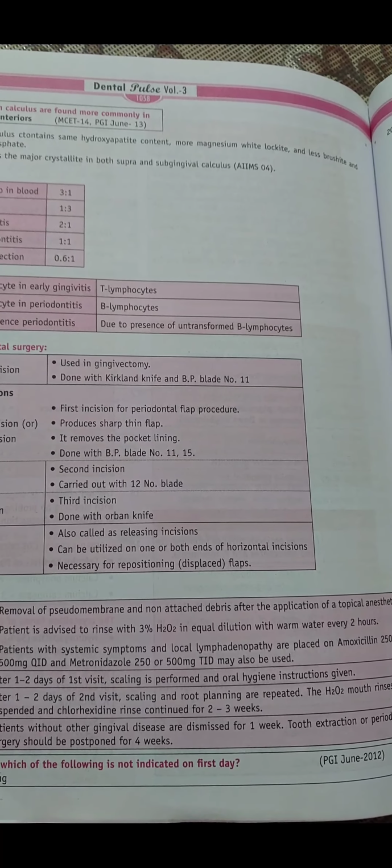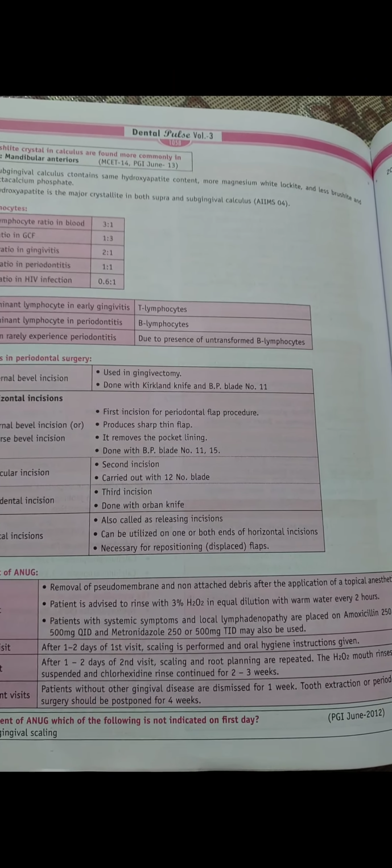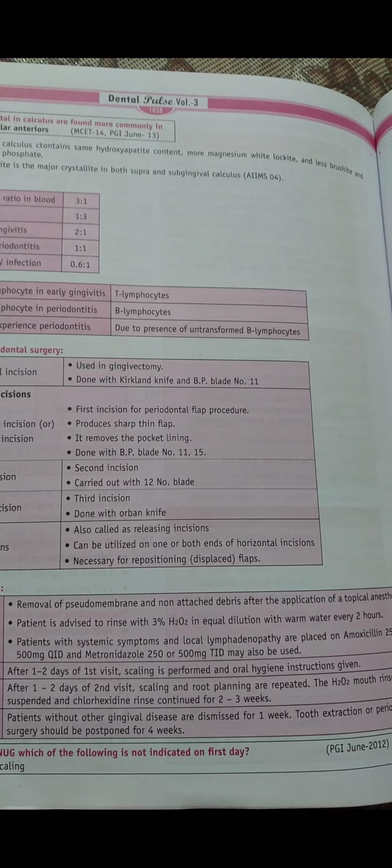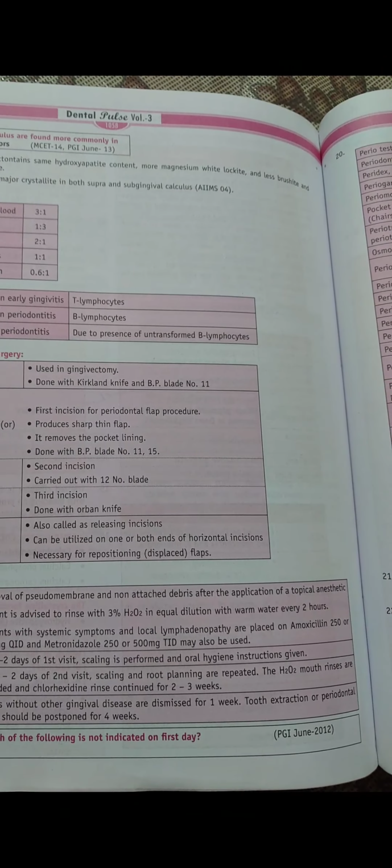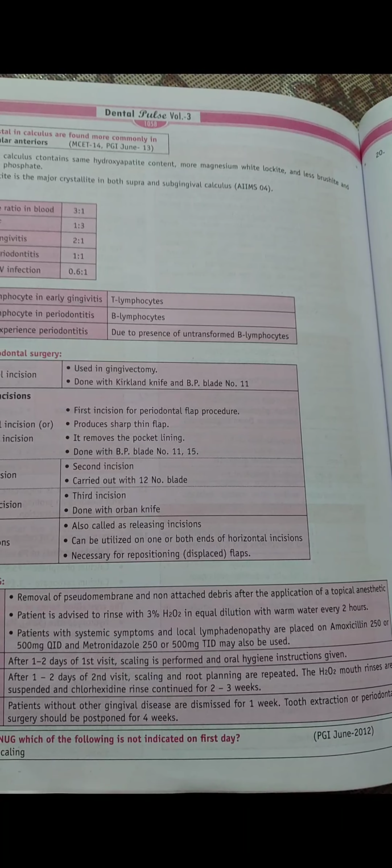Then the patient is advised to rinse with hydrogen peroxide. This hydrogen peroxide must be 3% in concentration, diluted equally with water. After rinsing, patients with systemic symptoms and local lymphadenopathy are given amoxicillin 250 or metronidazole 250, or either 500 mg, three times a day.